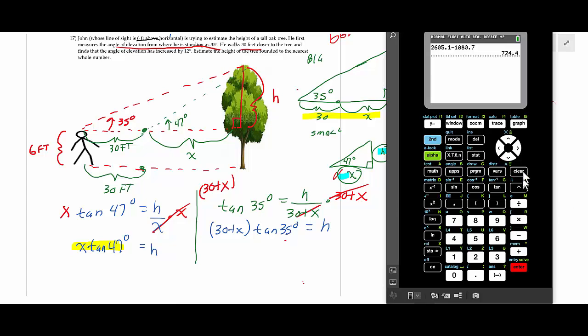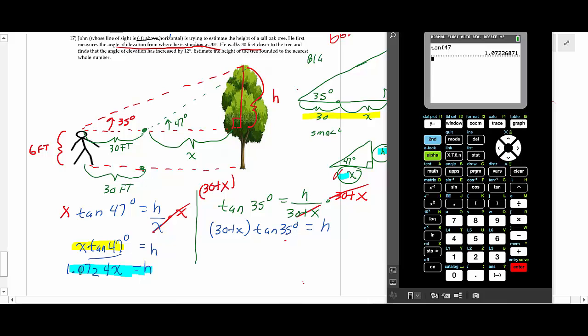Okay, because I think you'll follow what I do easier if I do it this way. And let's just use like 4 decimals. So if I do tangent of 47, that's going to give me this. So this equation, let's write this as 1.0724 x equals h. Okay, so that's going to be equation number 1, solve for h.